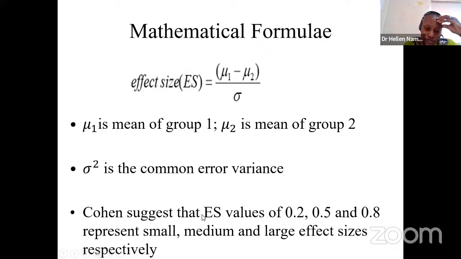But like I mentioned earlier, when you check in literature, a lot of this information is already there. For example, Cohen suggests effect size values of 0.2, 0.5, and 0.8: 0.2 represents a small, 0.5 a medium, and 0.8 a large effect size, respectively.